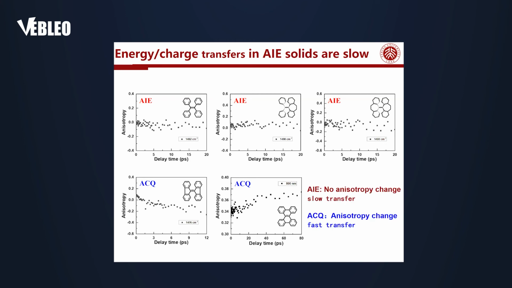So the result tells us that for these AIE molecules, the anisotropy change is very slow, indicating very slow energy or charge transfer. While in the ACQ molecules, the anisotropy value changes much faster, indicating faster energy or charge transfer, certainly stronger electronic coupling, and so stronger quenching effect.